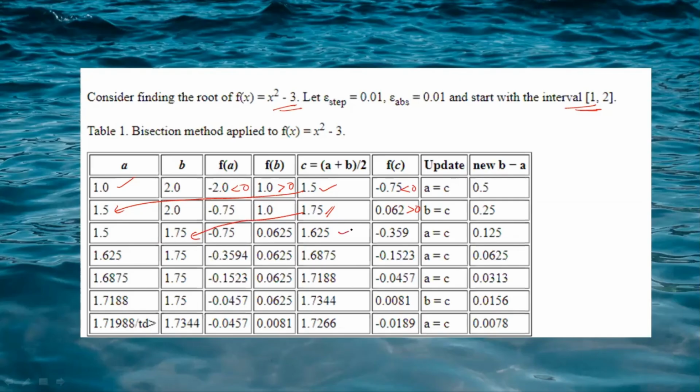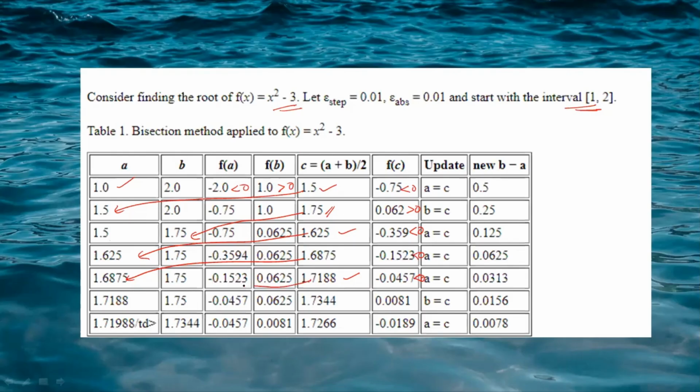Okay. Again bisect it. We got 1.625. Again less than 0. Less than 0 means it will go to A place. Again you bisect it, 1.6875. Again less than 0. So it will go to A place. Again bisect it. You got this. So don't worry about f of a and f of b, not necessary for you. Only what we require is a plus b by 2 and this value. That is the only thing we require. Negative, again less than 0.